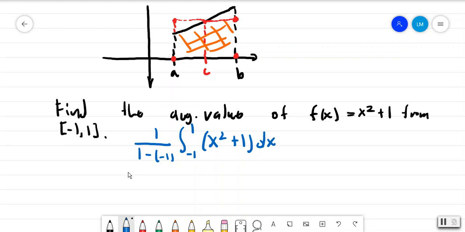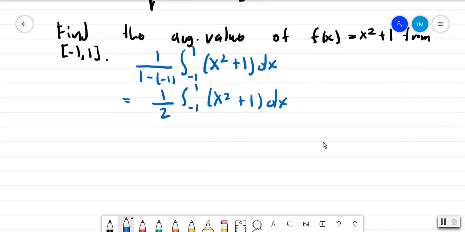dx. Now notice that this is going to give us 1 half multiplied by the integral from negative 1 to 1 of x squared plus 1. Interestingly enough, this is actually an even function, which means that we can double it, which basically means that the 2 is going to cancel out.